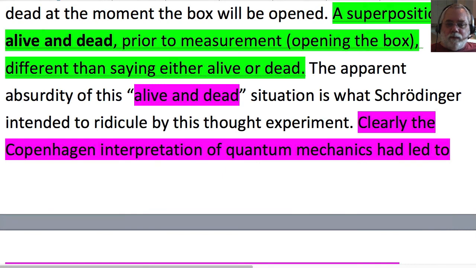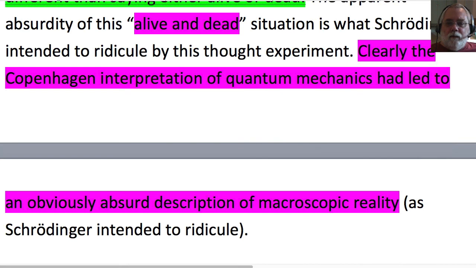The apparent absurdity of this alive and dead situation is what Schrödinger intended to ridicule by this thought experiment. In his mind, clearly the Copenhagen interpretation of quantum mechanics had led to an obviously absurd description of macroscopic reality, as Schrödinger intended to ridicule.